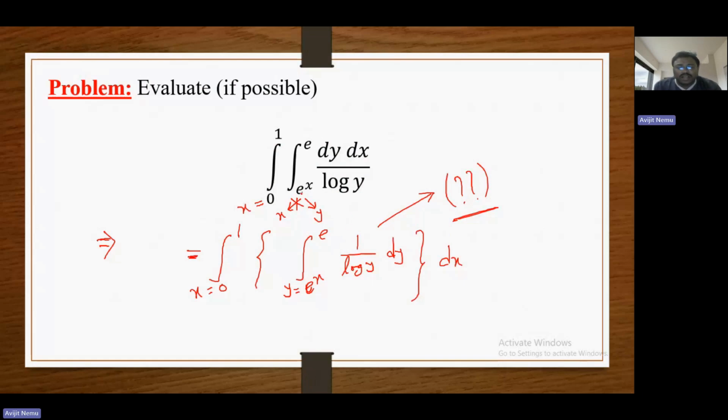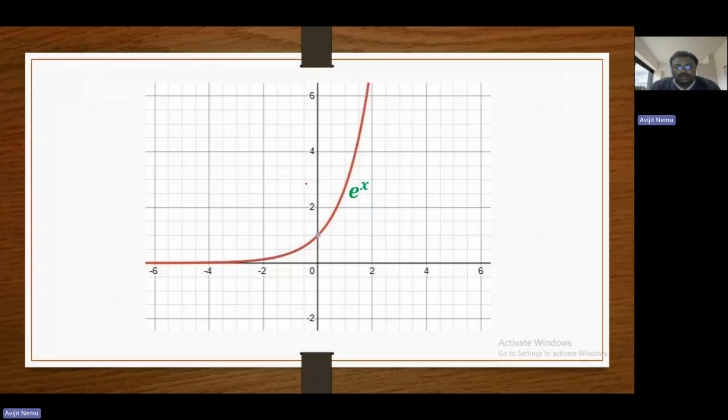As the range contains e to the power x, we have to know the diagram for e to the power x. For you, I have considered this diagram, and it is very simple: e to the power x is always non-negative, in fact positive. Here I have considered one part, x values from -6 to +6.